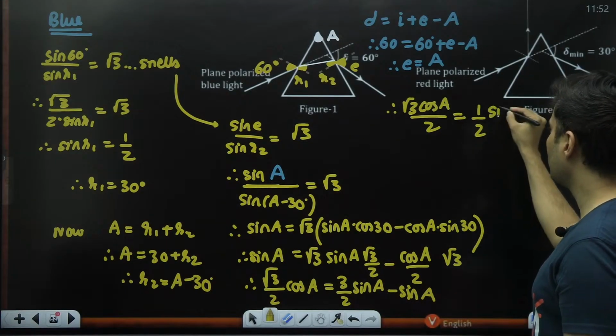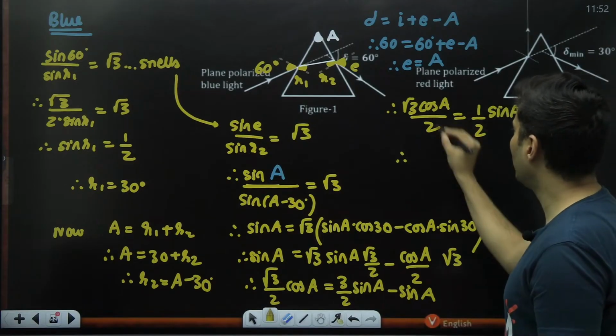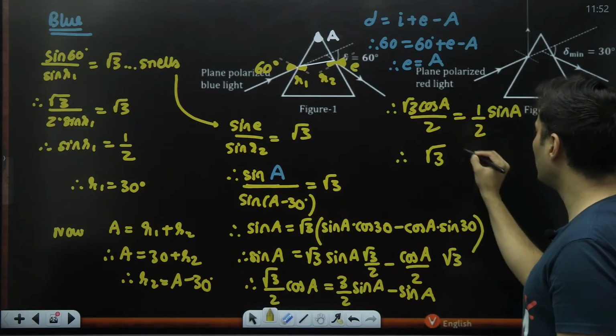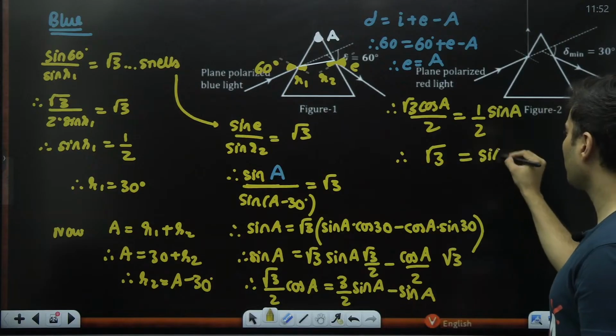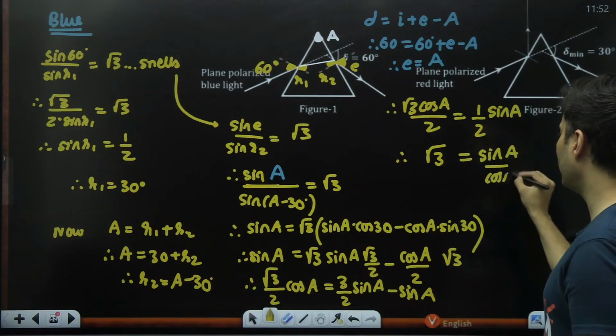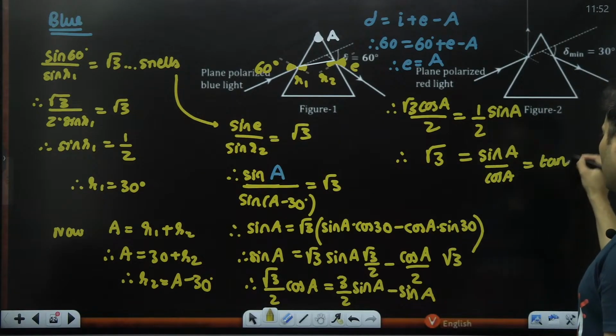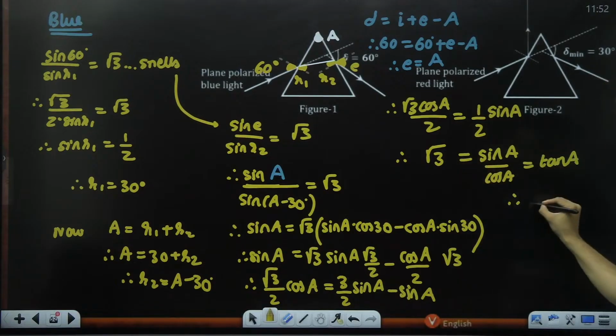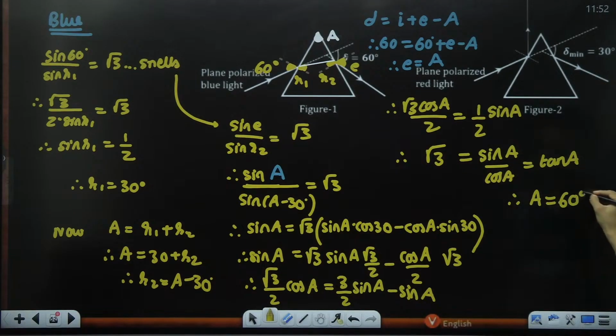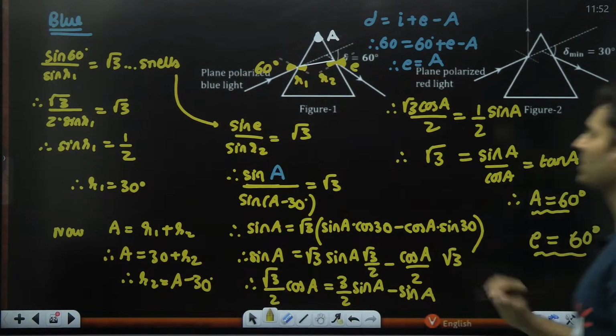So 1 by 2 sine of A. So therefore, root 3 will be equal to, 2 cancels, sine A by cos of A, which is basically tan of A. So if tan of A is root 3, that means A is nothing but 60 degree. So A is 60 degree. So emergent angle is also 60 degree.